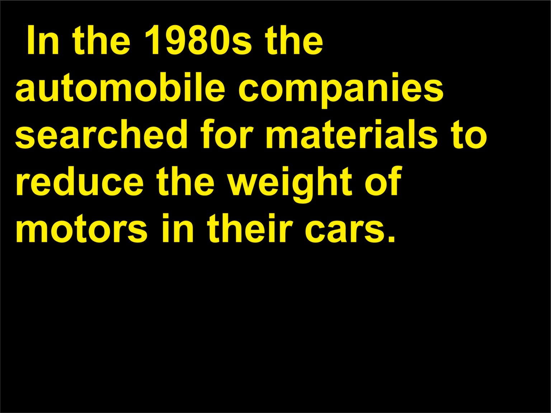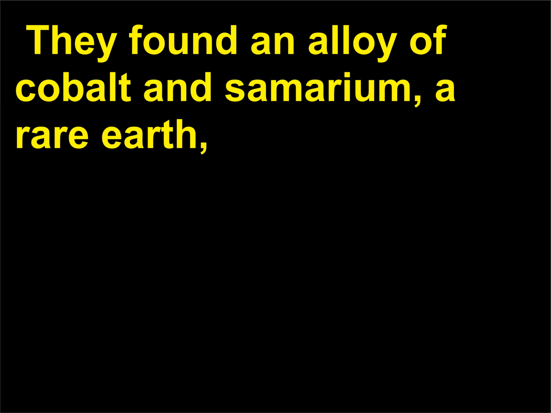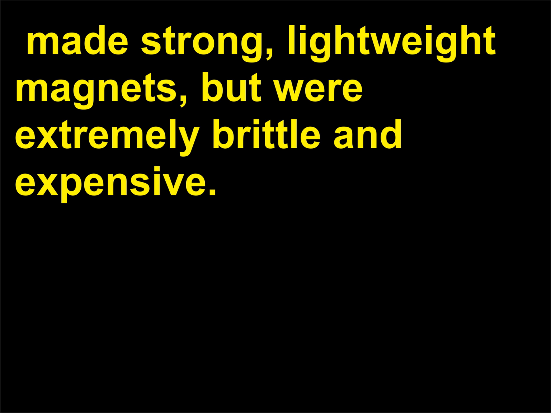In the 1980s, the automobile companies searched for materials to reduce the weight of motors in their cars. They found an alloy of cobalt and samarium, a rare earth, that made strong, lightweight magnets, but was extremely brittle and expensive.